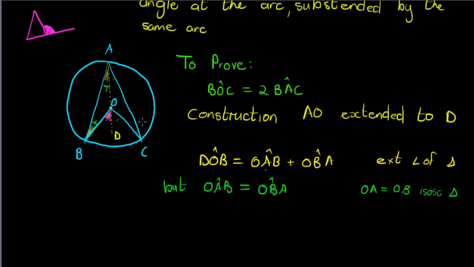I think because they're radii. So you can put that in there as well. OA is equal to OB because they are radii. That makes this triangle AOB an isosceles triangle. Okay? And in an isosceles triangle, the base angles are equal.